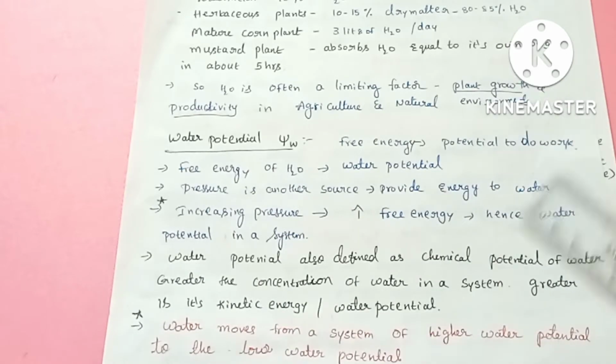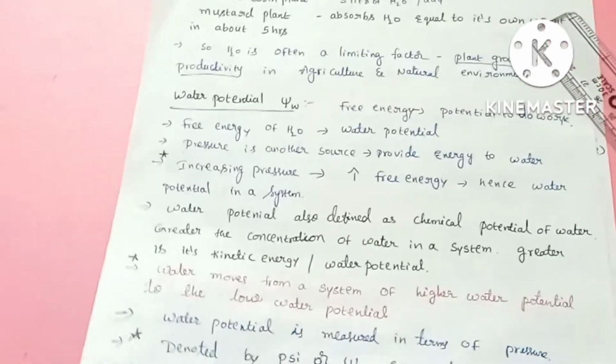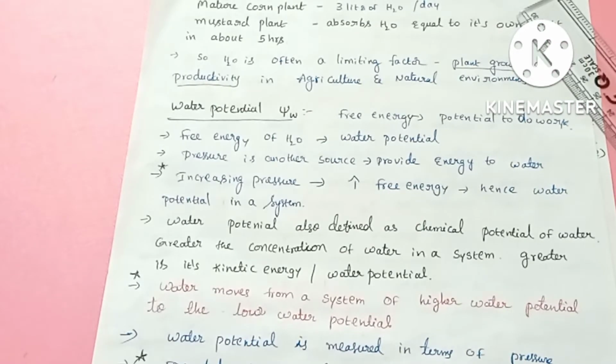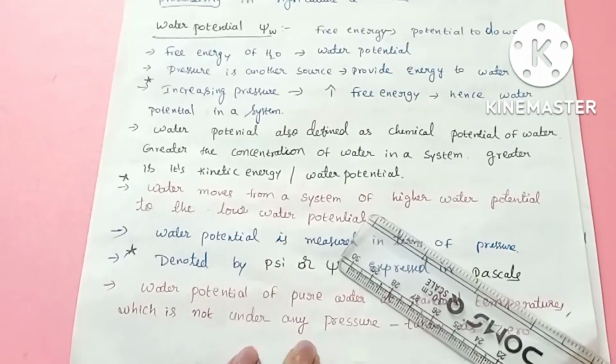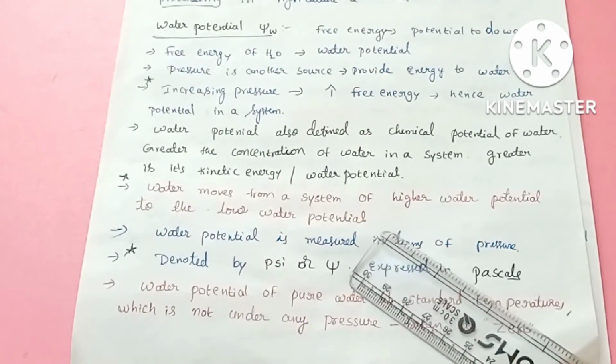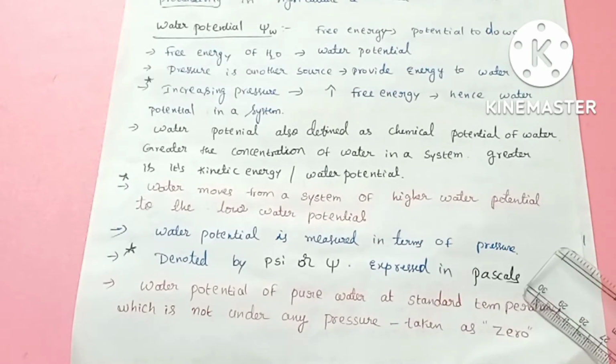How can we define water potential? Water potential is nothing but the chemical potential of water. That means if a greater amount of water is present in a system, its free energy or water potential will also be greater. Water potential is denoted by the symbol psi, and it is expressed in pascals.